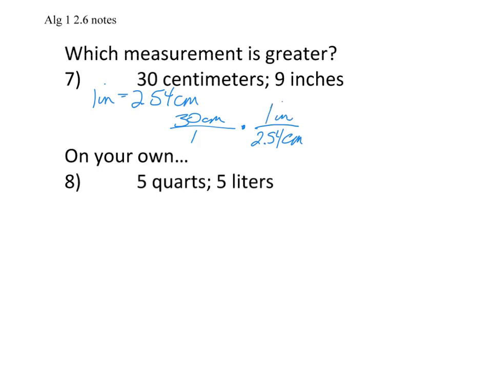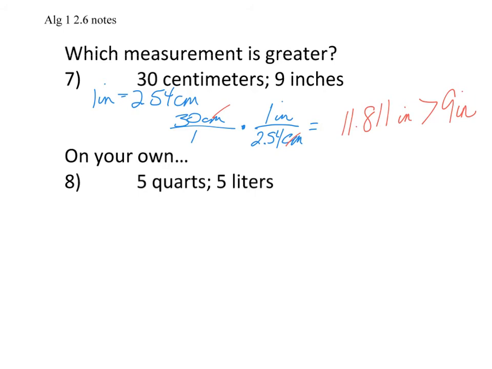I've got 1 inch in my numerator. And now I can actually cancel out my units and actually do the division there. So 30 divided by 2.54, that equals 11.811 and some change. And that's how many inches 30 centimeters is. So we have changed that into inches. That is greater than 9 inches. That answers number 7. Okay?